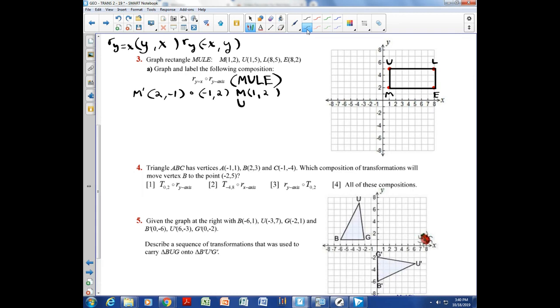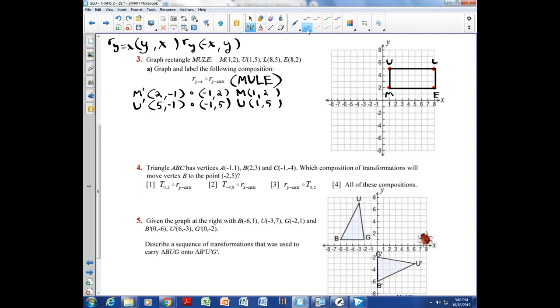Let's do U. U is 1, 5. So I am going to change the x, then keep the y, and then switch them. And that's going to be my U prime.